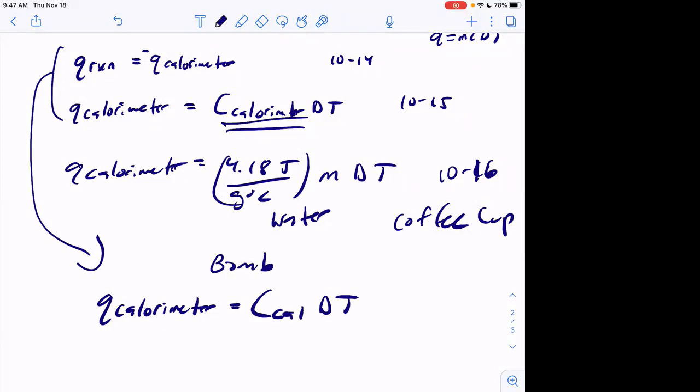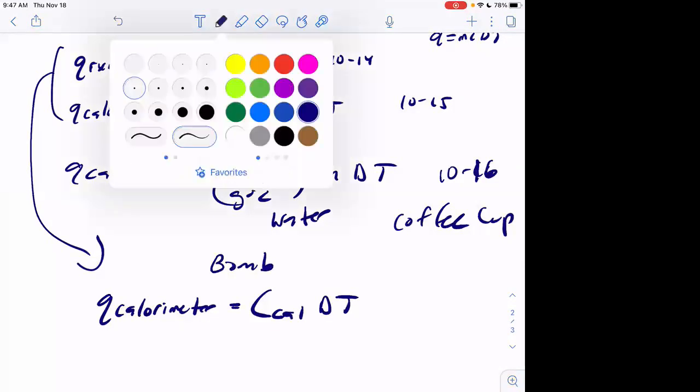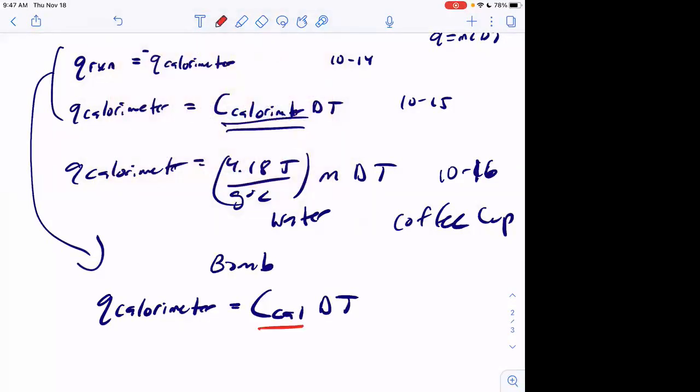The first thing that needs to be done is this needs to be determined. And this is what I showed you. I can't remember if I showed you or if I just told you about it. Sample exercise 10.7. This one right here. We are calculating this first of all.